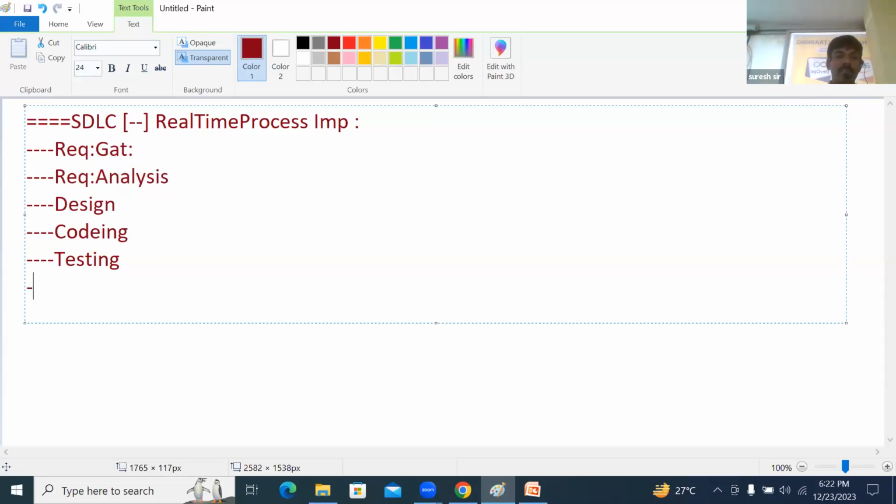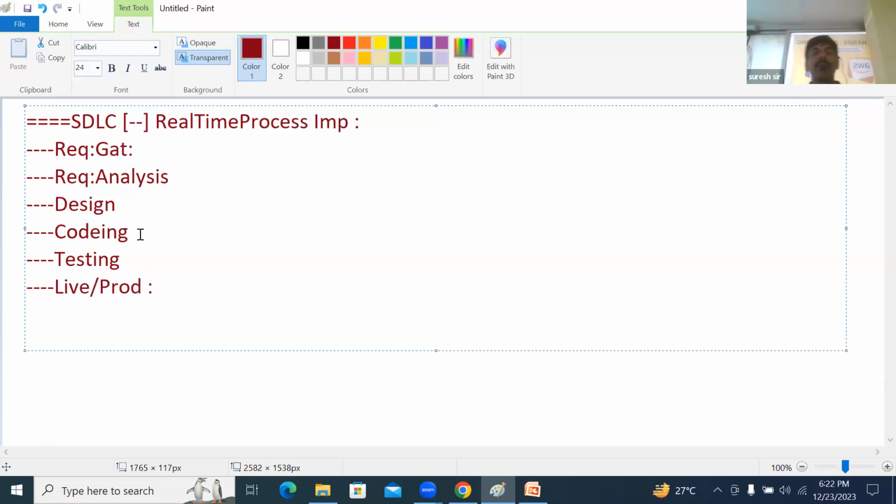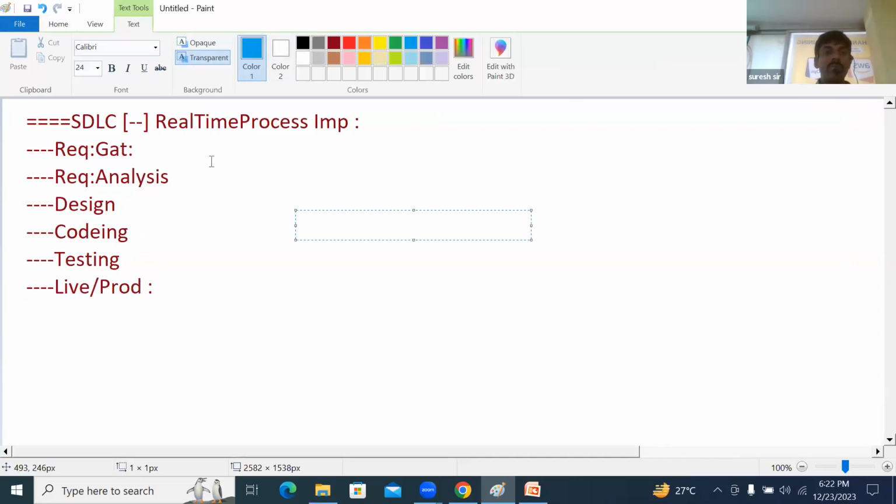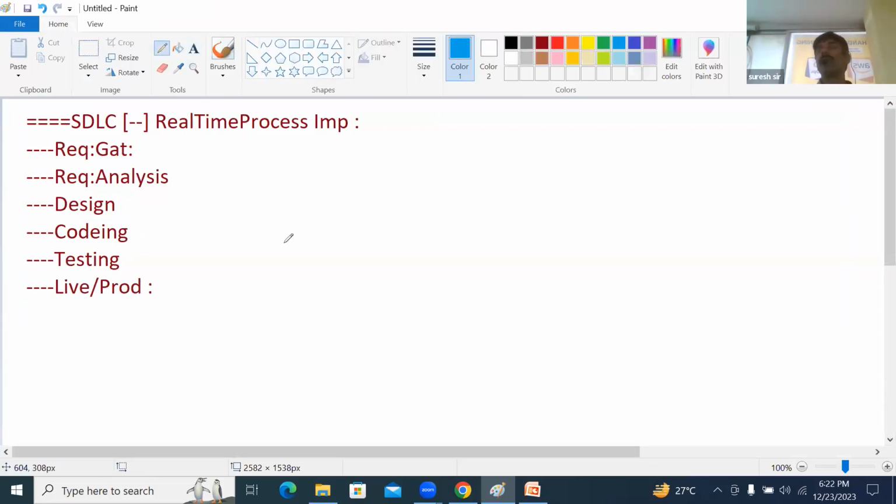After that, live environment or production. All the online students also, please make a note of those steps. Continue the same.